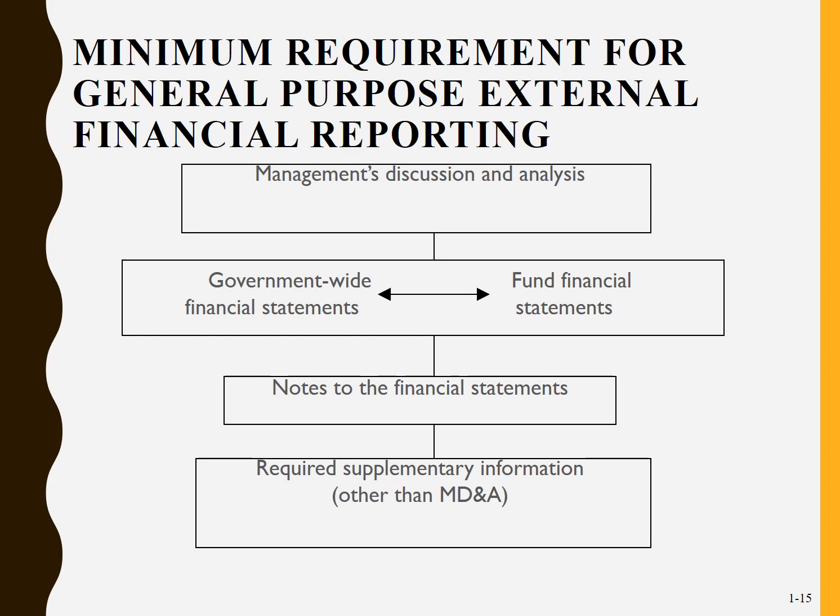This is just a view of these general purpose external financial reports. I want to point out that one of the main differences you're going to see in governmental accounting is this second box. You see two separate sets of statements: government-wide financial statements and fund financial statements. We're going to talk more about this later, but this has to do with dual track accounting. Basically, you're going to be making a lot of the same entries twice.